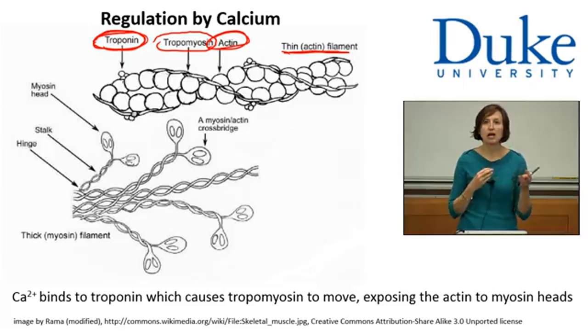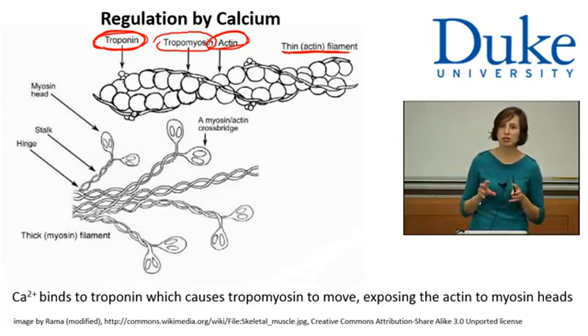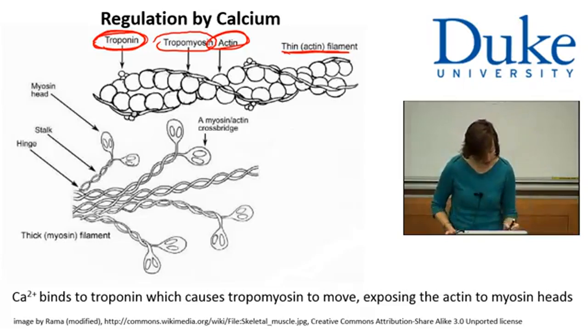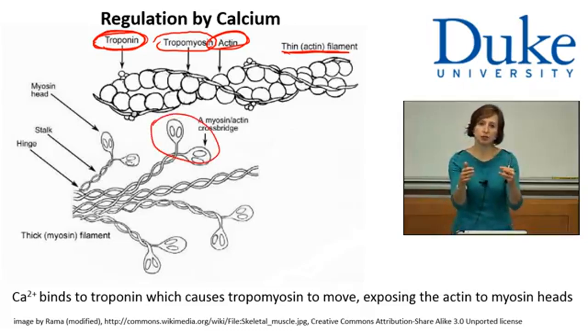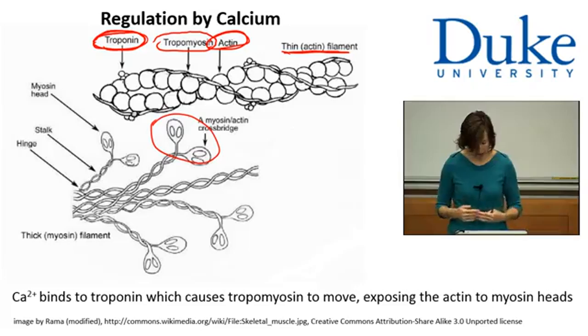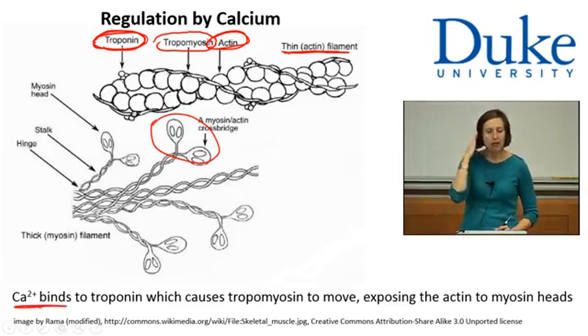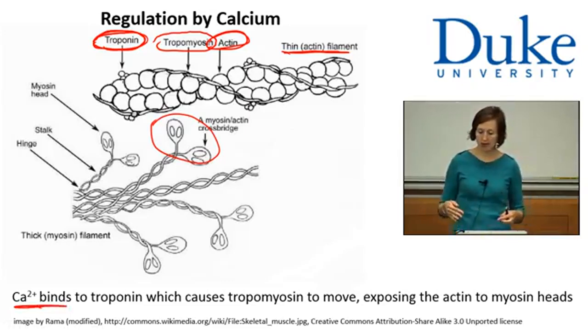So we have an effect of calcium that is acting on the actin, and this is in contrast to calcium modifying myosin in smooth muscle. Down here below, we're seeing myosin, which will now be able to bind once calcium binds troponin, which will then move tropomyosin out of the way. So that's how calcium is going to regulate contraction, and we'll talk more about this very soon.